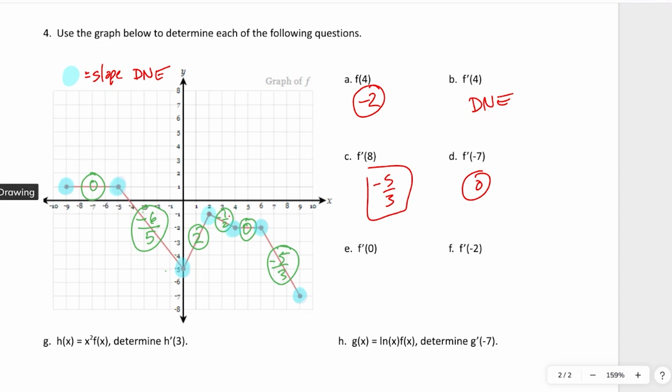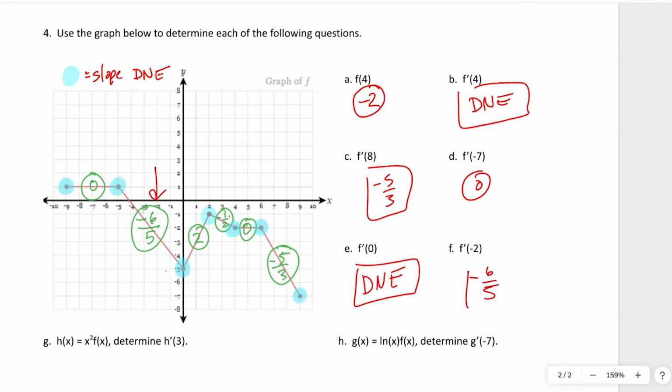The slope at 0, there's another place where the slope is undefined. I've got a sharp corner here. And the slope at x equals -2 is going to be down in this little interval here, where the slope is going to be -6/5.